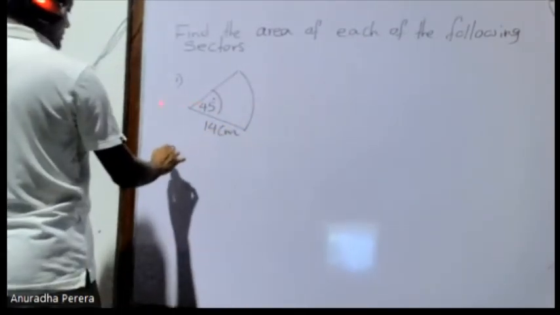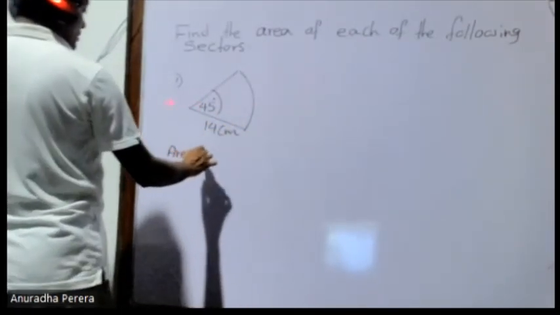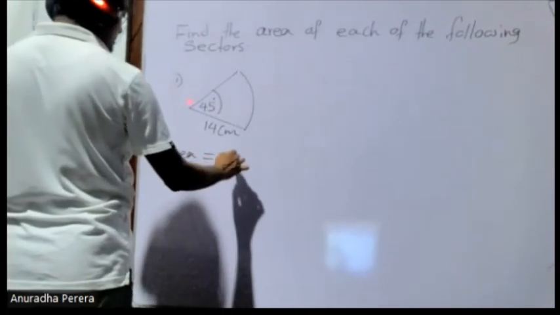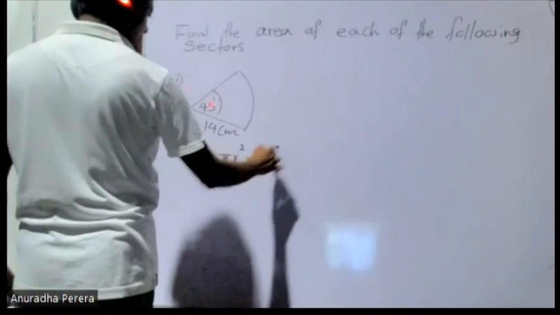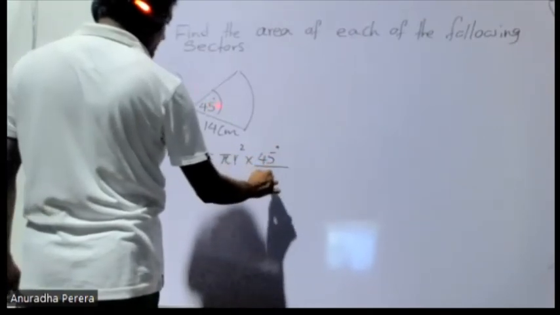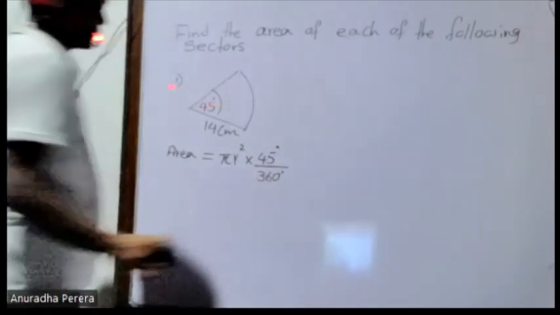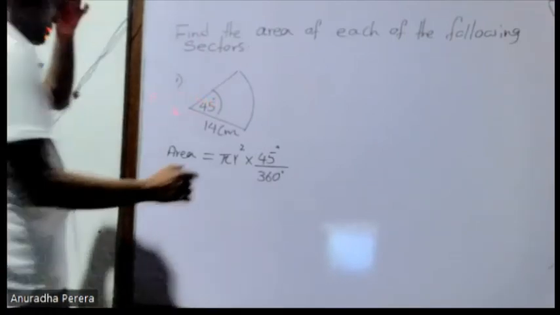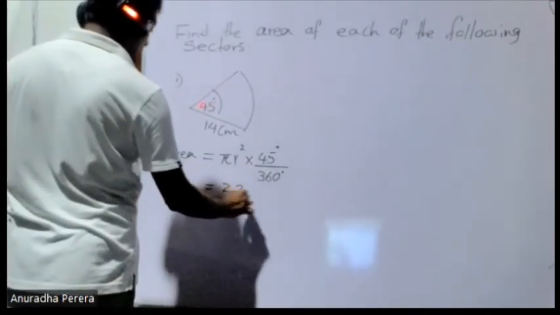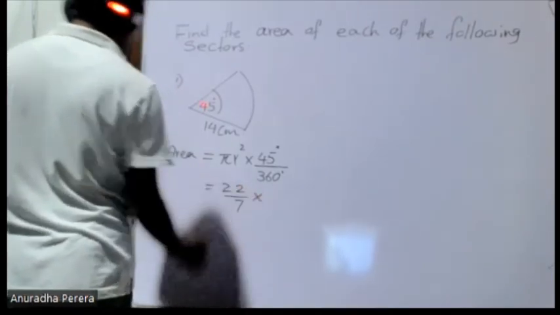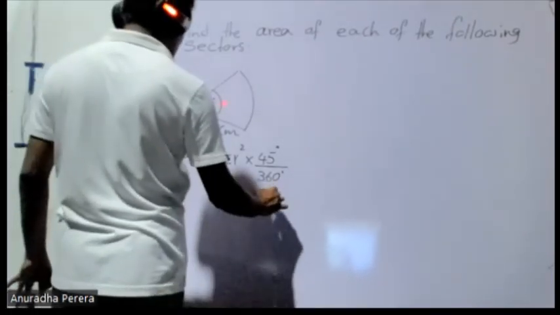Then area equals pi r squared into 45 over 360, right? 22 over 7, the radius is 14, 14 into 14.